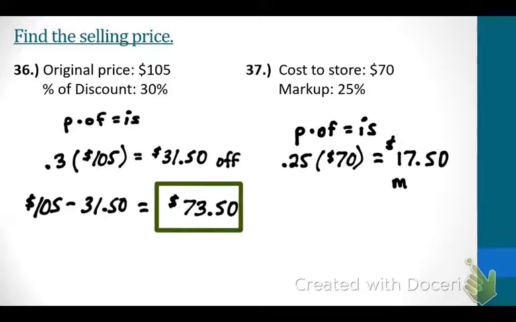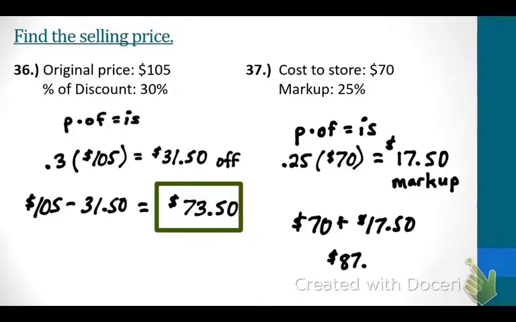That's how much is marked up. That's the markup. So how do I find, as it says up here, what the selling price would be? You add it. Very good. When you add $70 plus $17.50, Elijah, what do you get? Very good. $87.50. Raise your hand if you got both of those correct.